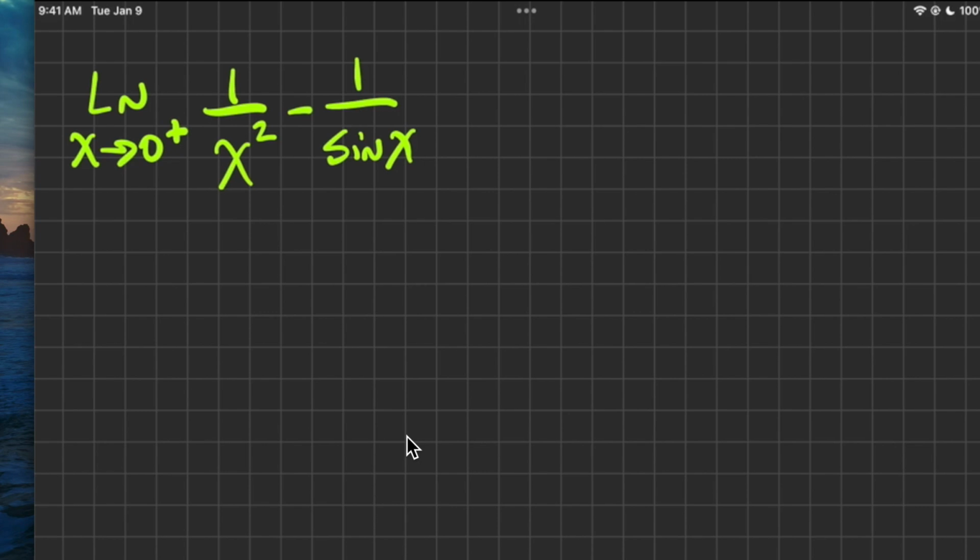In our next limit, we have the limit as x approaches 0 from the right of 1 over x squared minus 1 over sine of x, excuse me. So we're going to go ahead and try to plug in 0. This 1 over x squared, 1 over a teeny tiny number, becomes a big number. And again, the sine of x is 0, so 1 over a teeny tiny number here becomes overall a big number.